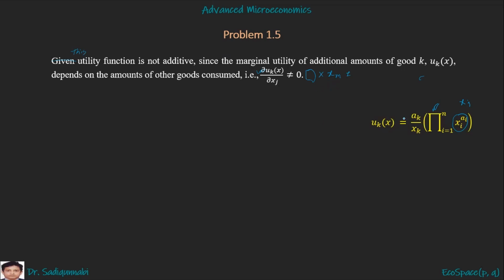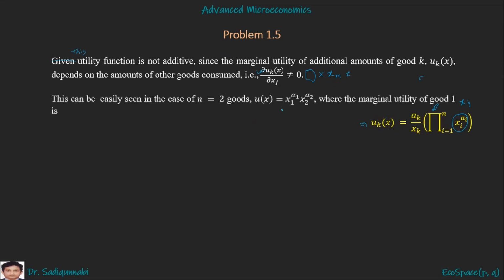Because it is a complex equation, let's simplify this with two goods. So here is our simplified Cobb-Douglas utility function. It will be easy to locate whether additivity is satisfied or not. Here the marginal utility of good 1 is this one.